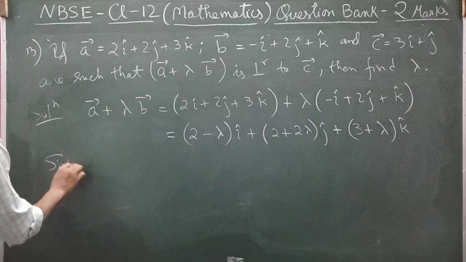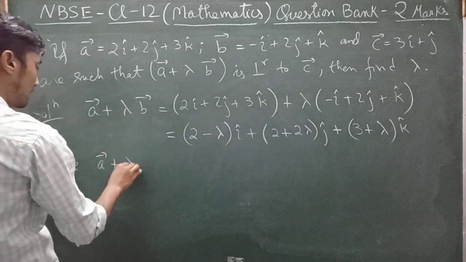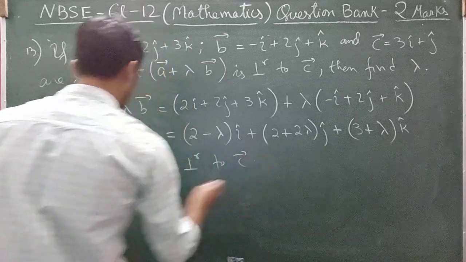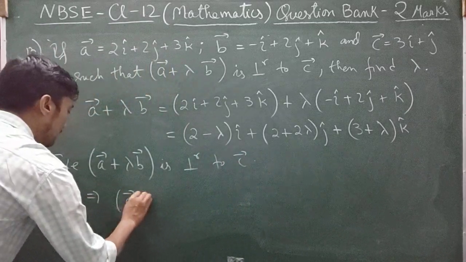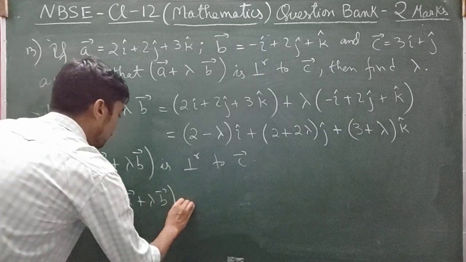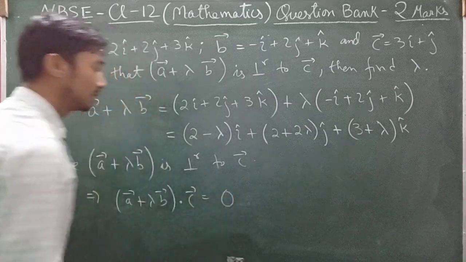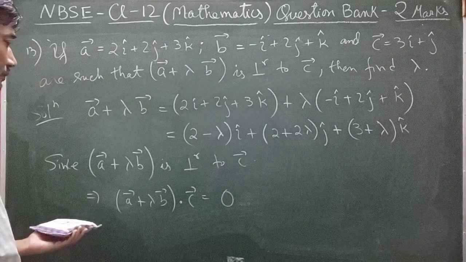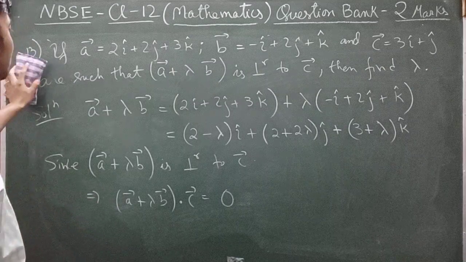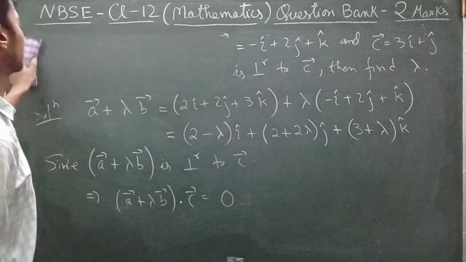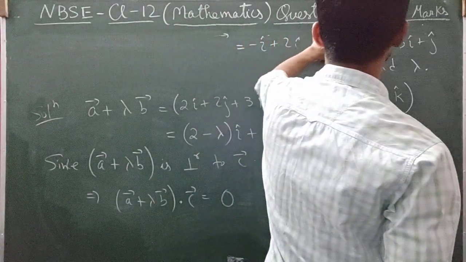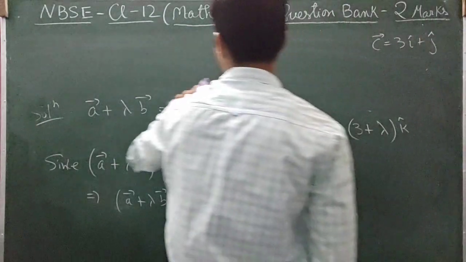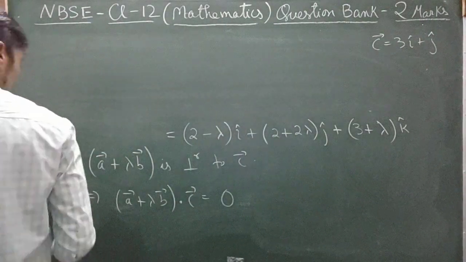So now getting straight to the point, since it's given that this vector, A plus lambda into B, is perpendicular to vector C, it implies that the dot product of this vector and vector C is going to be 0. So let's go for the dot product directly.